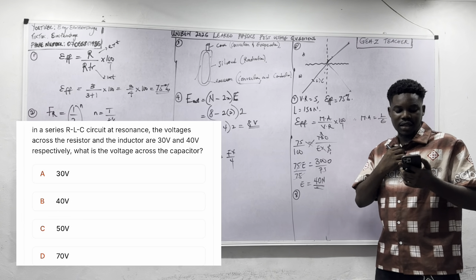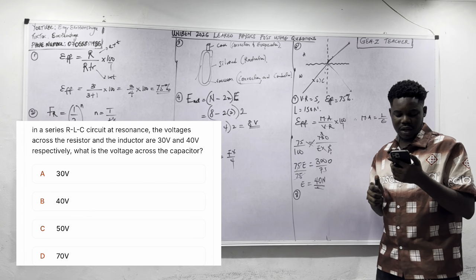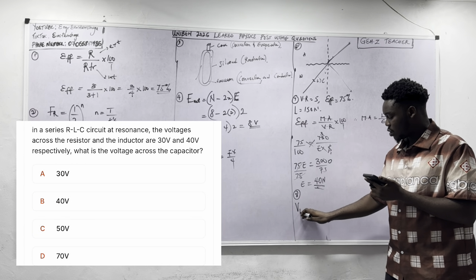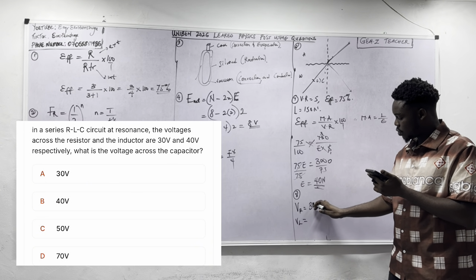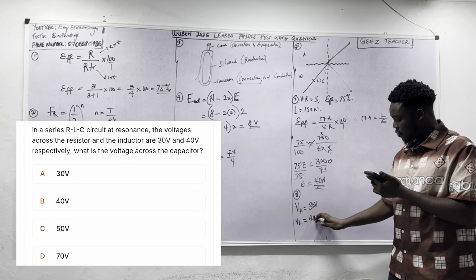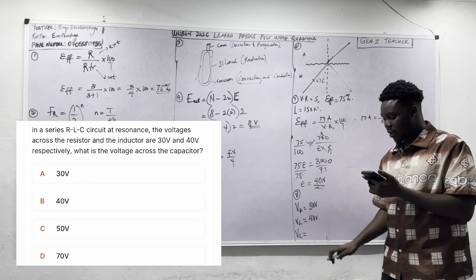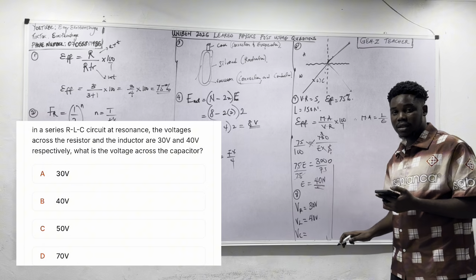Number 8 says, in a series RLC circuit at resonance, the voltage across the resistor and the inductor were given as 30 volts and 40 volts respectively. What is the voltage across the capacitor? Now take note, at resonance, these key things are very important.